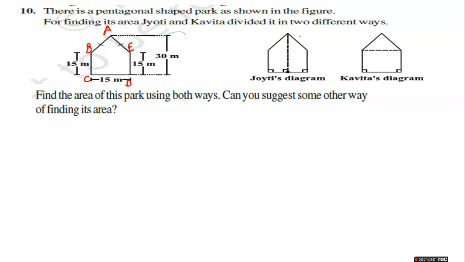Then A, B, C, D, E here as well as here, anti-clockwise only. Don't write clockwise here. In a few cases the answer will come the same, but some synchronization and continuity should be there.